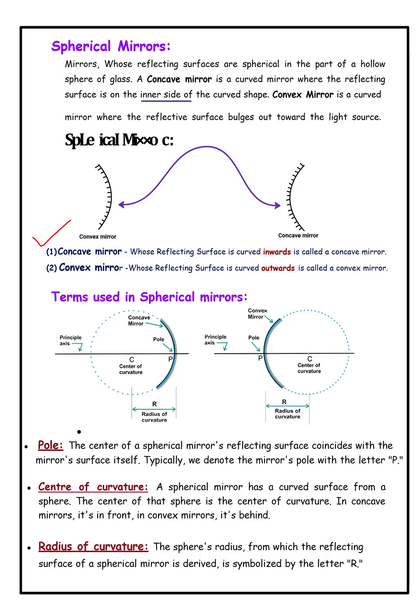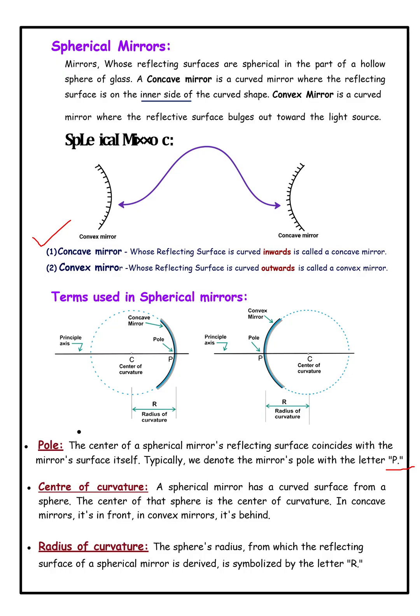Now the certain terms which you need to remember, which are used in spherical mirrors. The first is the pole. If you see the figure here, certain terms are labeled. The pole is the center of a spherical mirror's reflecting surface, and it coincides with the mirror surface itself. You can see the center point marked as the pole. We denote the mirror's pole with the letter P. Second is the center of curvature.